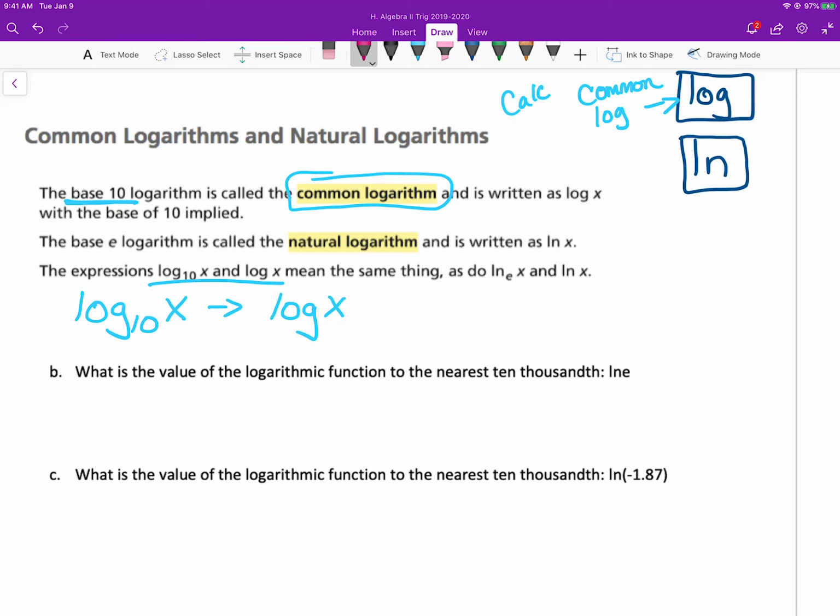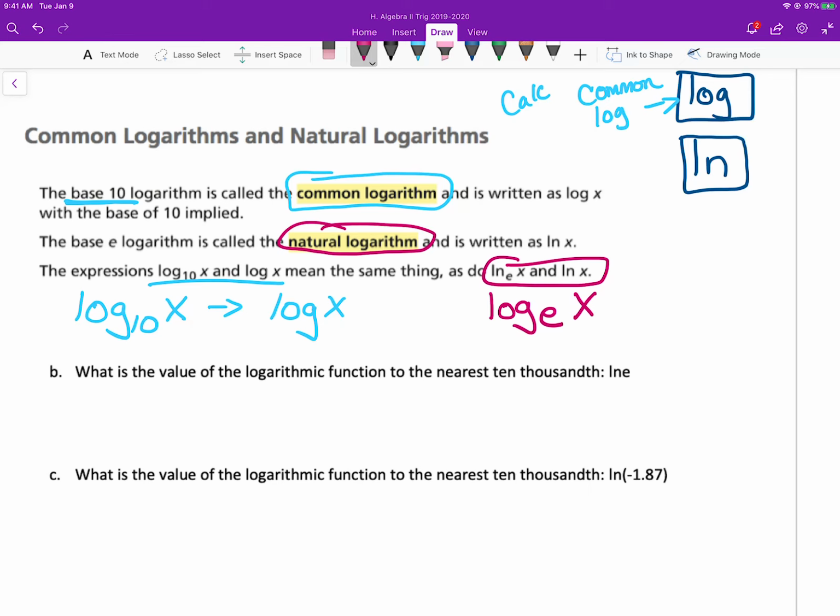The other one is called the natural log, and that's with your base of e. It's the same e when we had continually compounding interest. It shows up pretty frequently as well. It's called the natural logarithm, and it's when we have a log with a base of e with something like that.